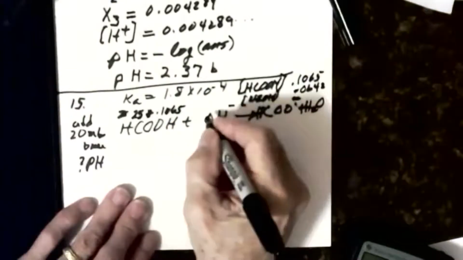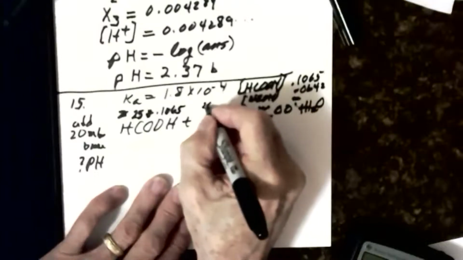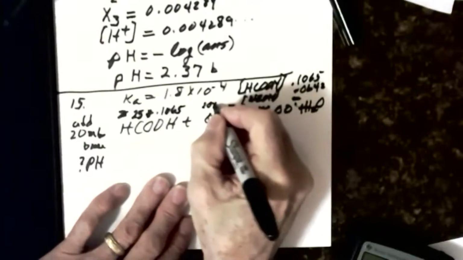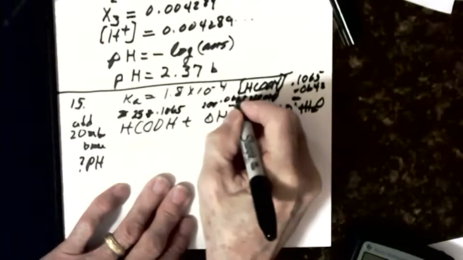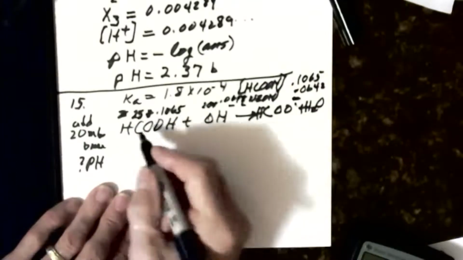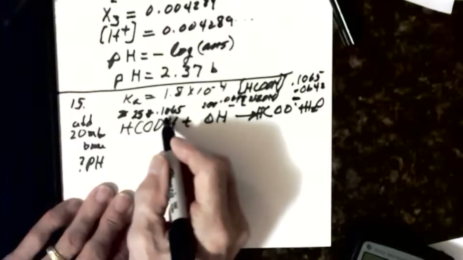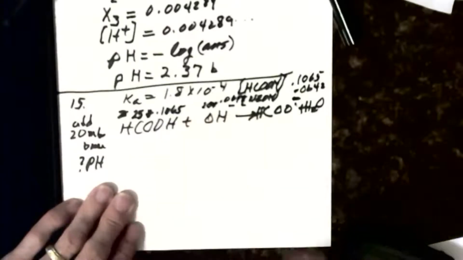And I'm going to add to that 20 milliliters, and the molarity of the base was 0.0642. I know that's getting messy. But if I multiply 25 times 0.1065, that's the number of moles of this acid that I have.